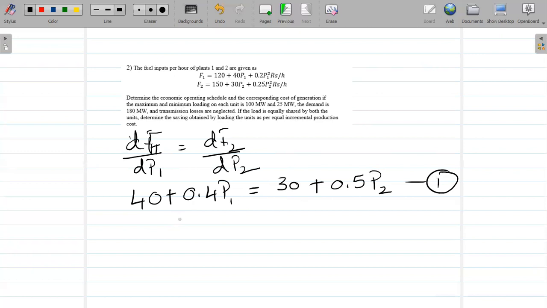And what is the other data given? The total load is given, 180 megawatt. So P1 plus P2 equal to 180. Let it be the second equation. Then use the two equations to get the values of P1 and P2.